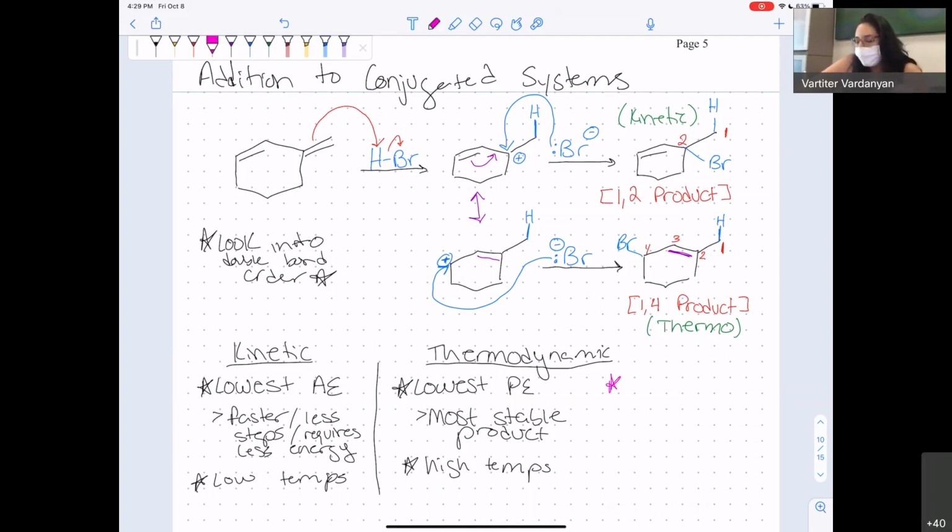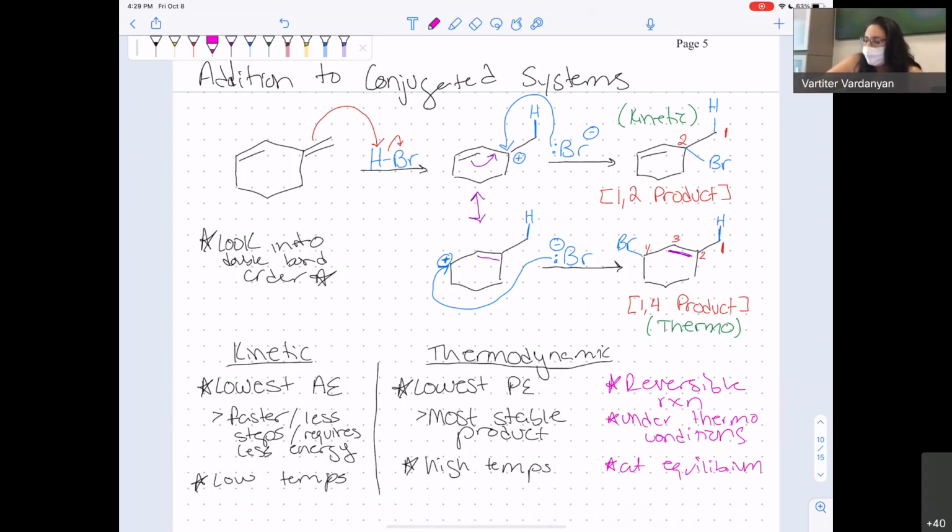One thing I want you guys to keep in mind is when we're talking about thermodynamic, they're gonna give you buzzwords like reversible reaction, or under thermo conditions, or at equilibrium. All of these things mean the same thing, and all of those things mean that the thermodynamic product is favored.